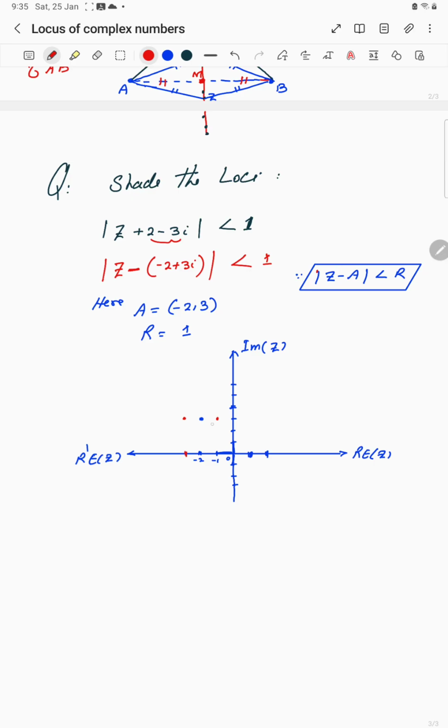So 1 point down here, 1 point up here. It will be a circle like this. Let's make it more precise and clear. Yes, it will be a circle like this.